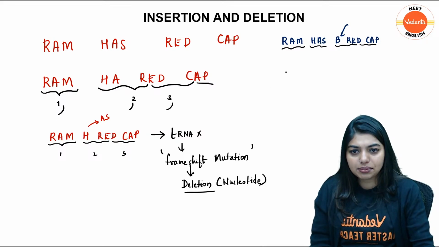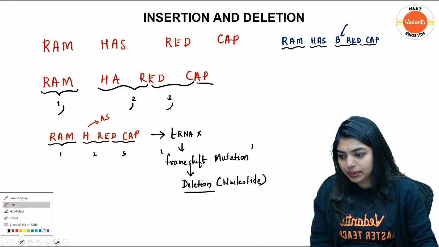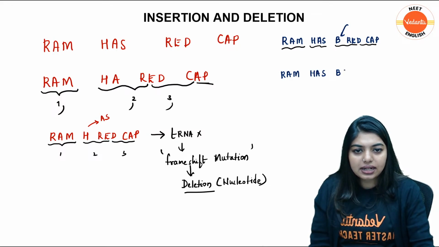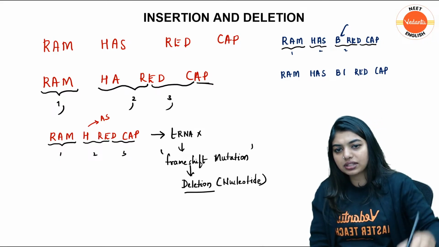P is left alone. That means it will be reading in such a way that Ram, has. Now with B I decided to add I also. So this will code for something, this will code for something, this will code for something, this will code for something. P will be continuing with the next person.